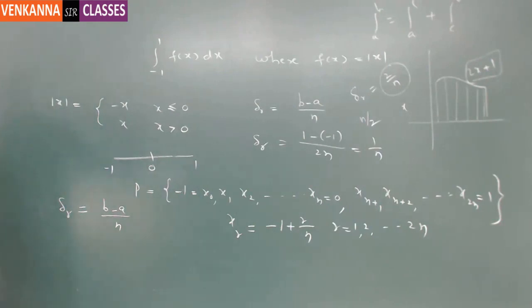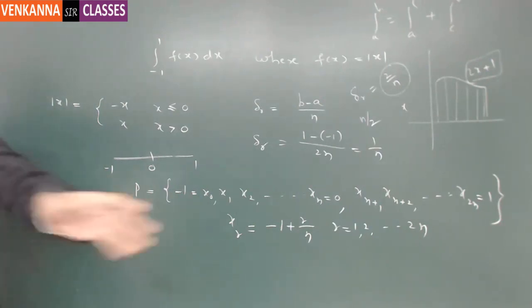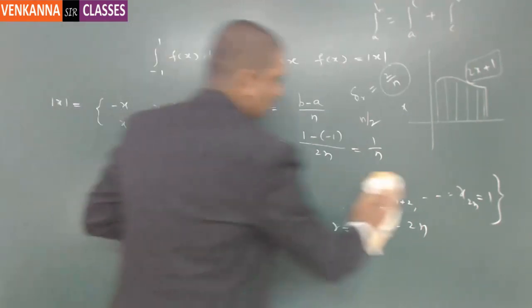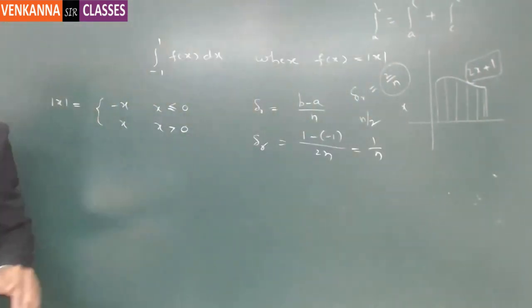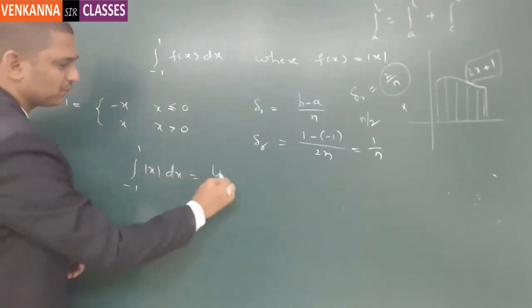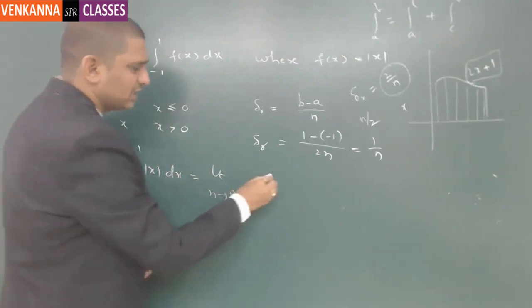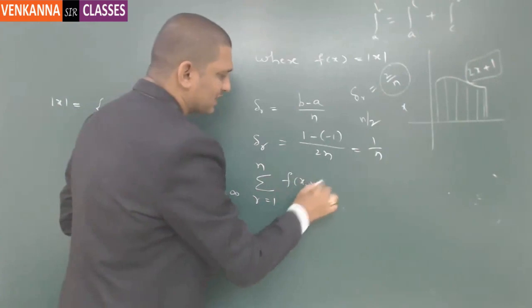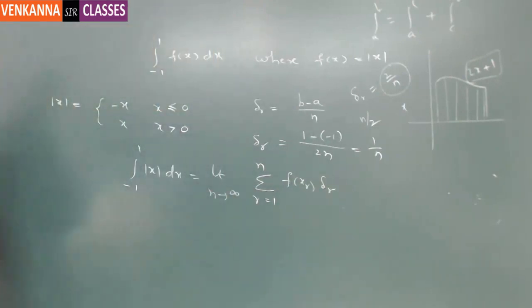Since we always make n equal segments, to follow the tradition I have done it like this, to avoid confusion in the simplification. Because, let me say, if we have taken only n parts, as per the definition I have mentioned, integral -1 to 1 mod x dx is equal to limit n tends to infinity summation r is equal to 1 to n f of xr into delta r. Accepted?